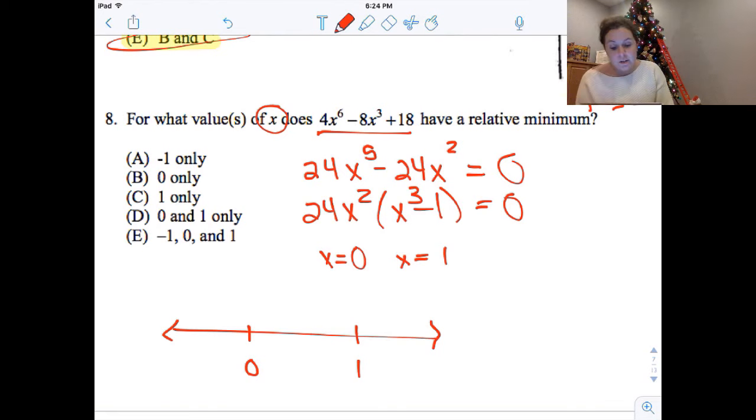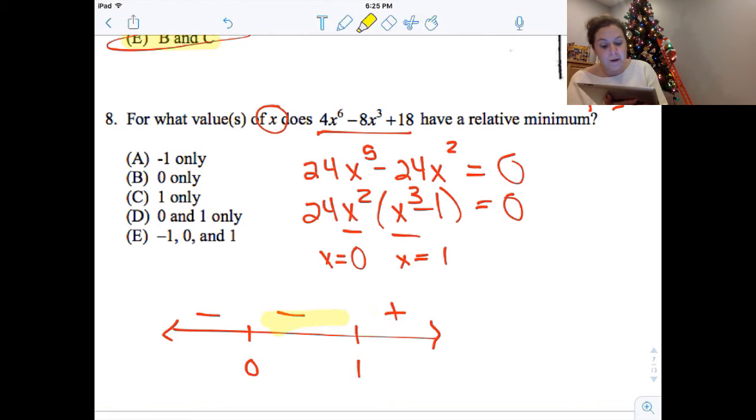So this should be negative, negative, because you are plugging in a value less than 0, so even though that's positive, that's going to be negative. And if I know it changes signs there, so it switches. So where does this actually have a relative minimum? Anywhere it goes from negative to positive, because that would mean your slope goes from negative to positive, so x equals 1.